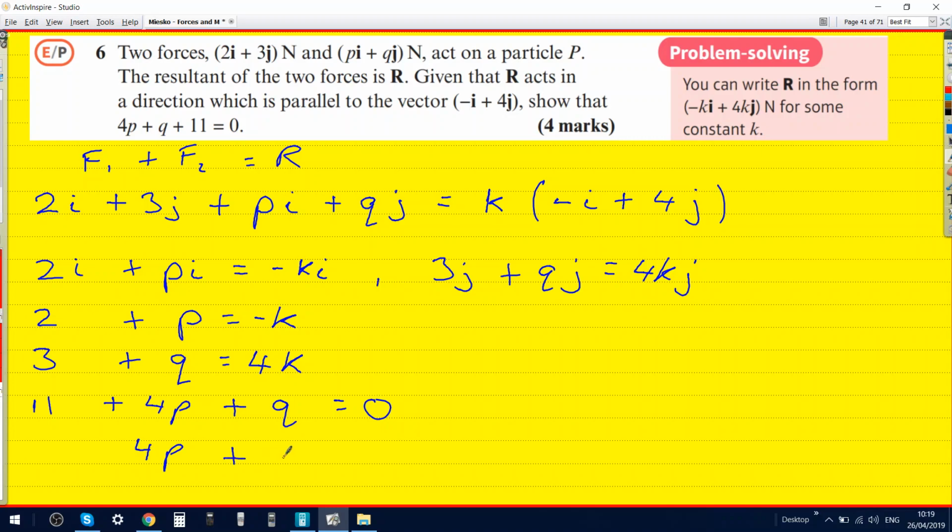And in fact, that's what we were asked to find. So we can just write it the way they wrote it and just say that's it. Yeah, well done.